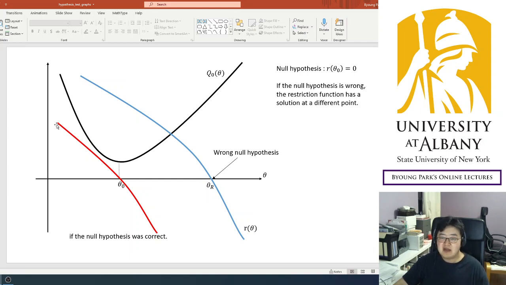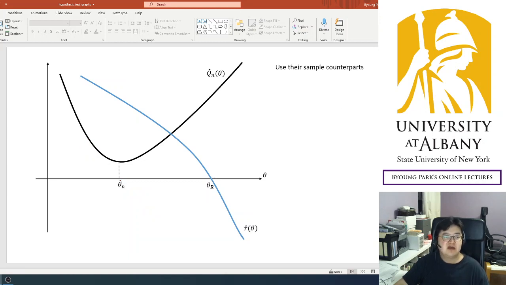So the red hypothesis is a true null hypothesis, a good hypothesis. Now let's think about this. We simply replace the population criterion function and the population restriction function with their estimates.